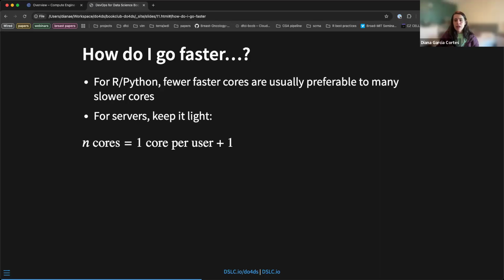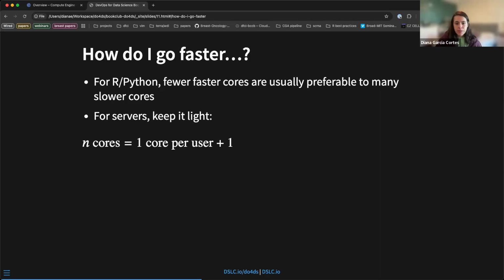So it says, if you're going to have multiple users on a single server, you should have at least one core per user and an extra core, just because the computer might need to do some things by itself, some non-associated user task, and then it can use the extra core that is just there.